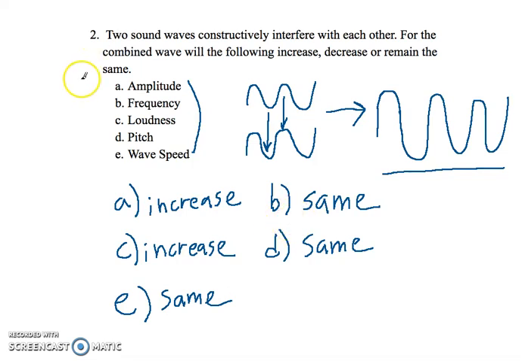The thing to remember is that it's really only the amplitude and loudness that are going to be affected by constructive or destructive interference. Okay, that's the problem. Make sure you have everything copied down, and that's it for now.